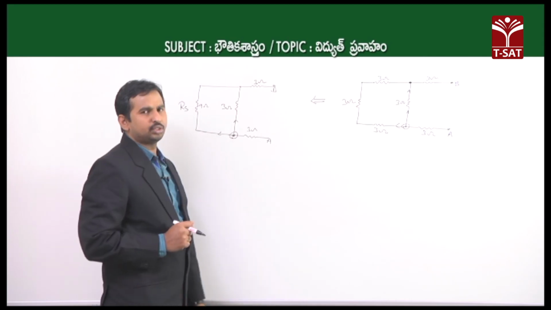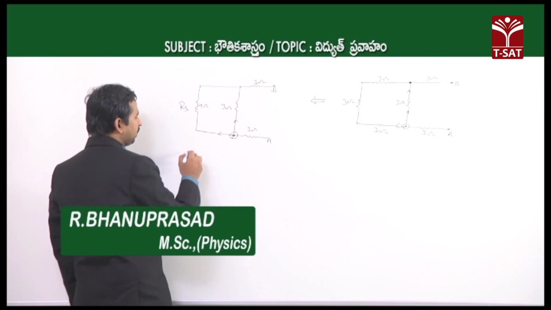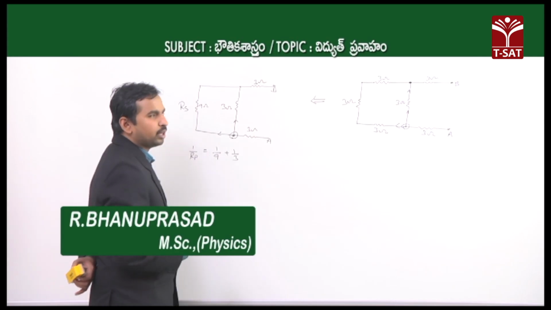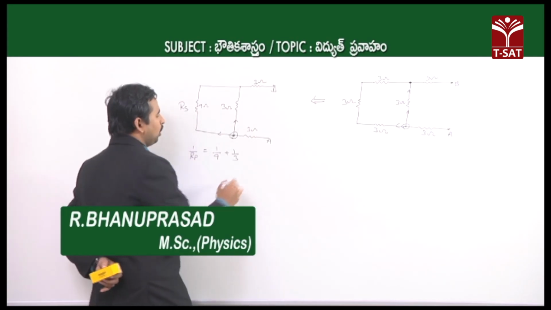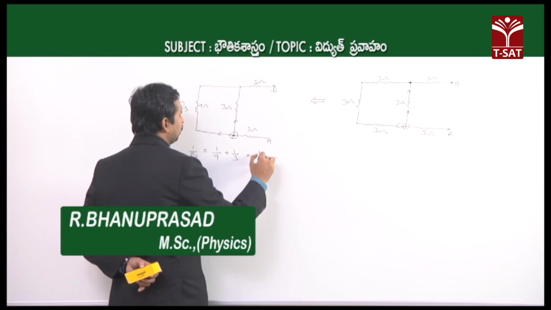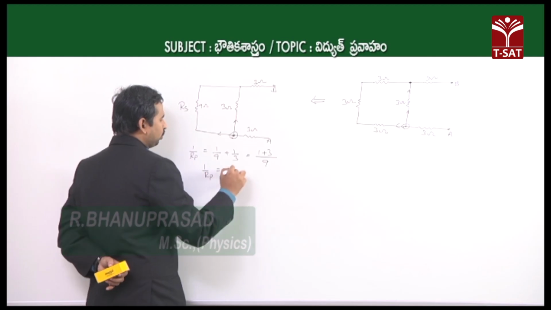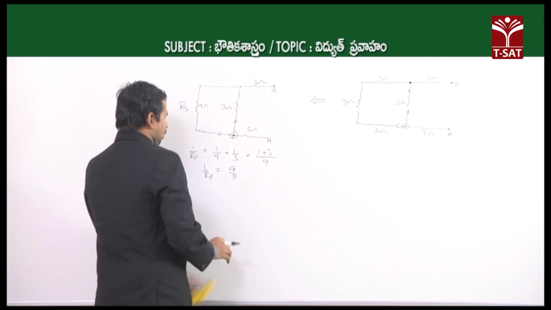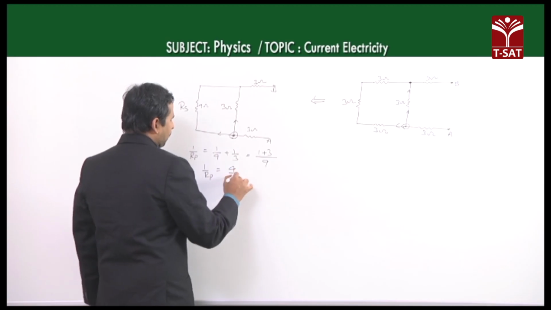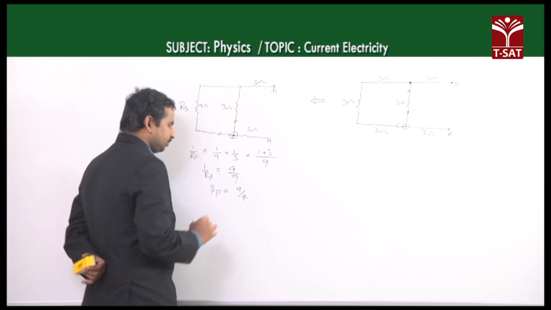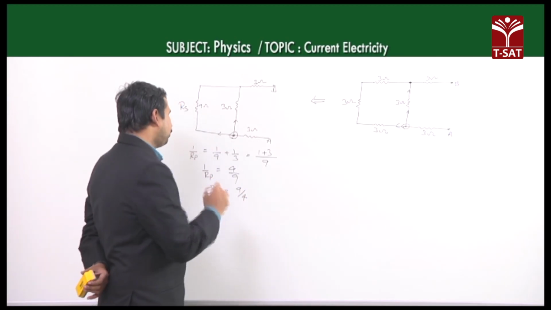So we can find the RP value for 9 ohms and 3 ohms. 1 by RP equals 1 by 9 plus 1 by 3, like 1 by R1 plus 1 by R2, which gives 1 plus 3 over 9, so 1 by RP equals 4 by 9, and RP becomes 9 by 4. So, now we got the RP value.